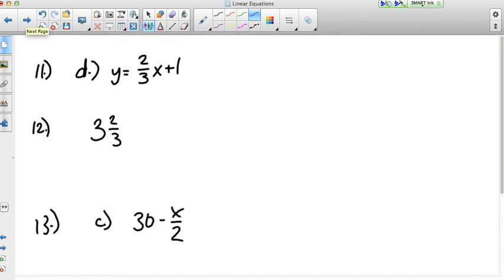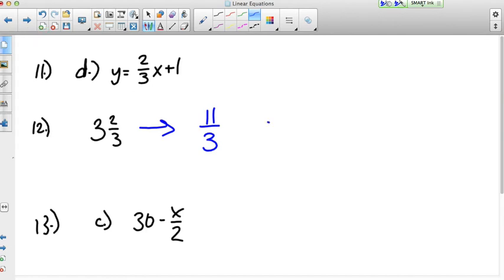For number 12, which value when multiplied by 3 2/3 results in a product of 1? You have to first convert 3 2/3 to an improper fraction. So 3 times 3 is 9, plus 2 is 11 over 3.